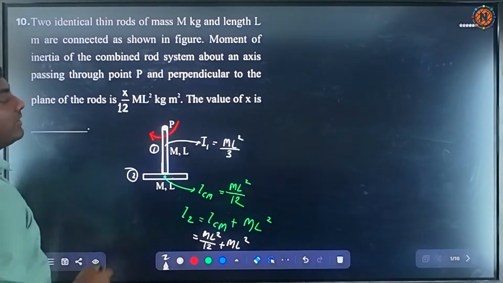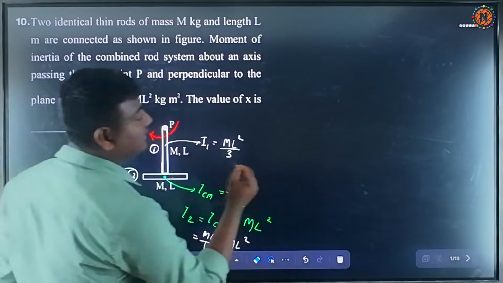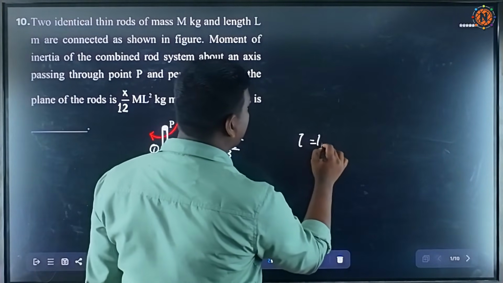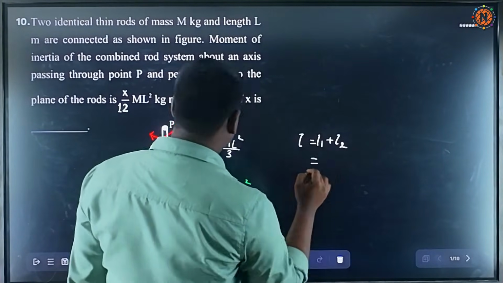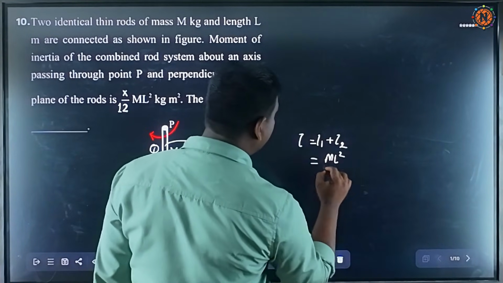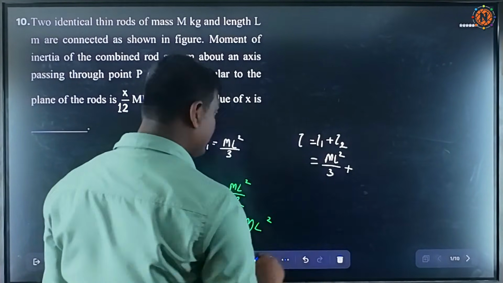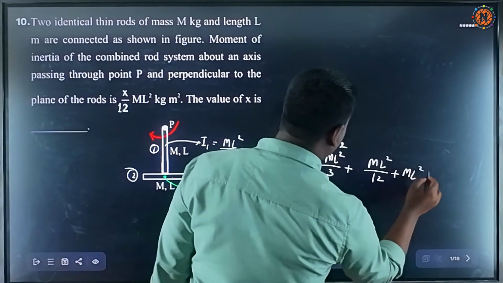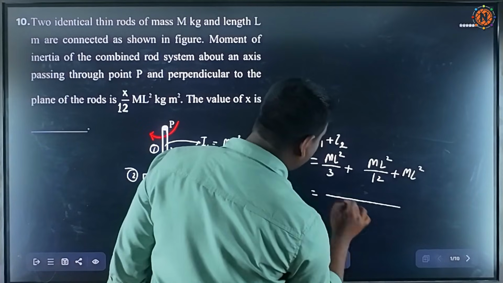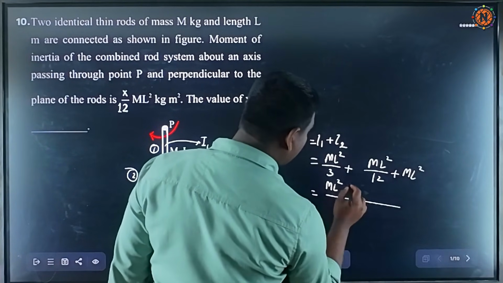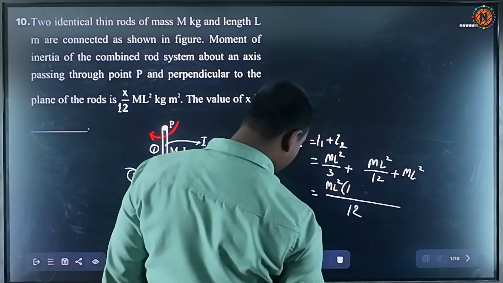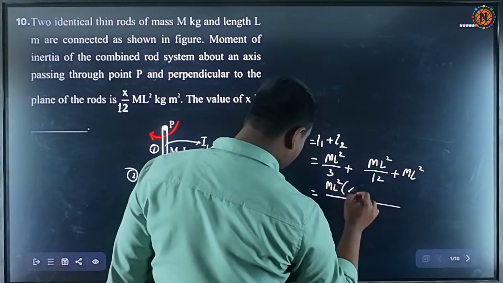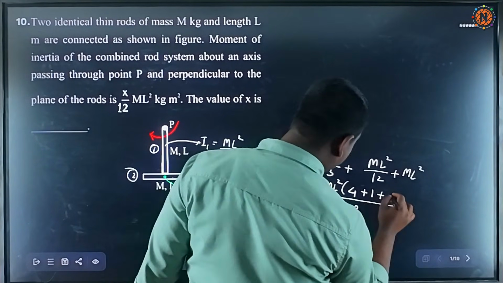So total moment of inertia about the point O will be I1 plus I2. That is m L square by 3 plus m L square by 12 plus m L square. So take the LCM as 12, take m L square common, so that will be 4 plus 1 plus 12.